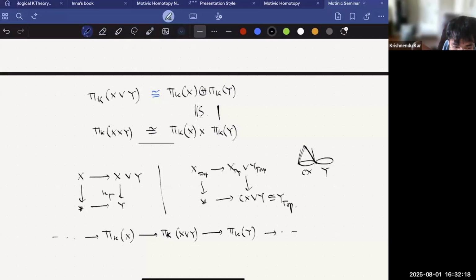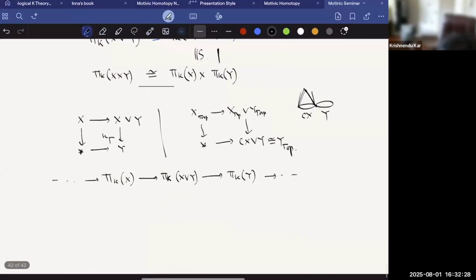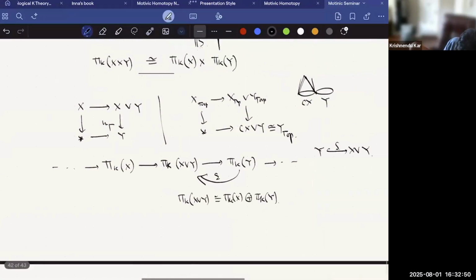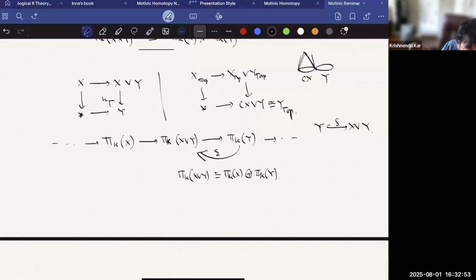Now we have to show that this is split exact, and yeah, this is split exact because there is a section. Yes, so Y, the inclusion over here, Y to X wedge Y will give you the section over here, and that will give you the split exact sequence over here. So product and co-product coincide for spectra.